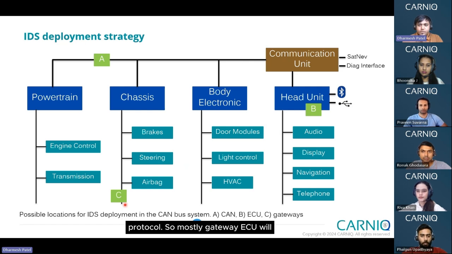The gateway ECU will convert one protocol's data into another, which is where we can also deploy this IDS.